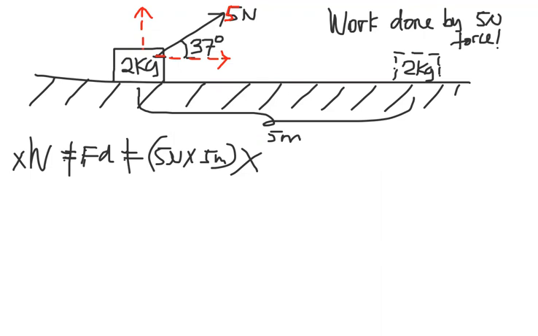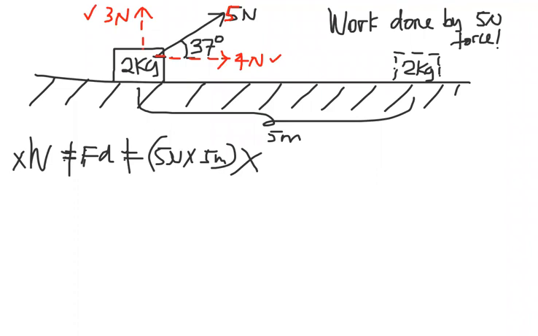You can verify. So this component is actually 4 newtons, and this component here is 3 newtons. Okay, so I have broken down 5 newton into 2 components, into 4 newton in the x direction and 3 newton in the y direction.